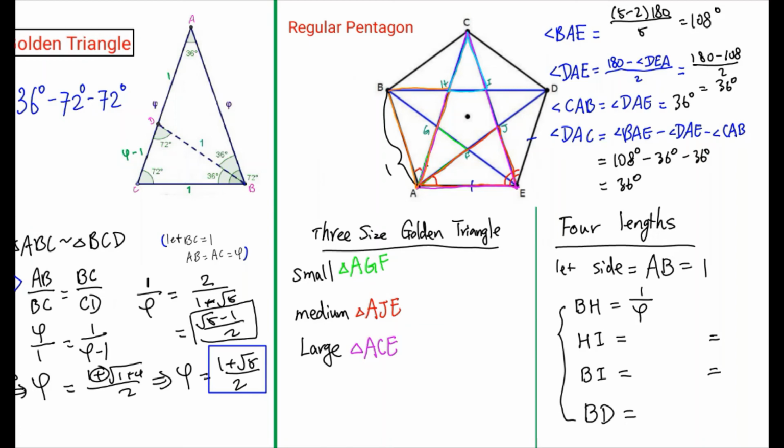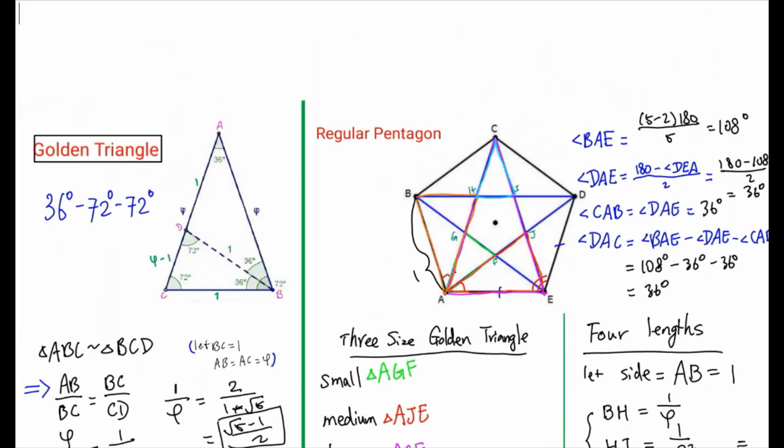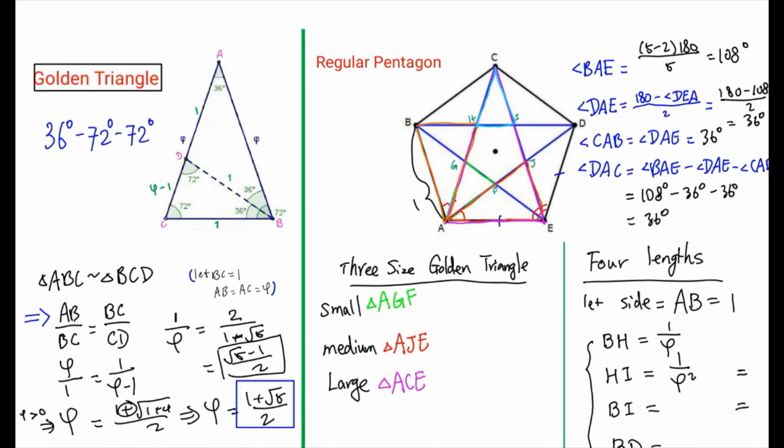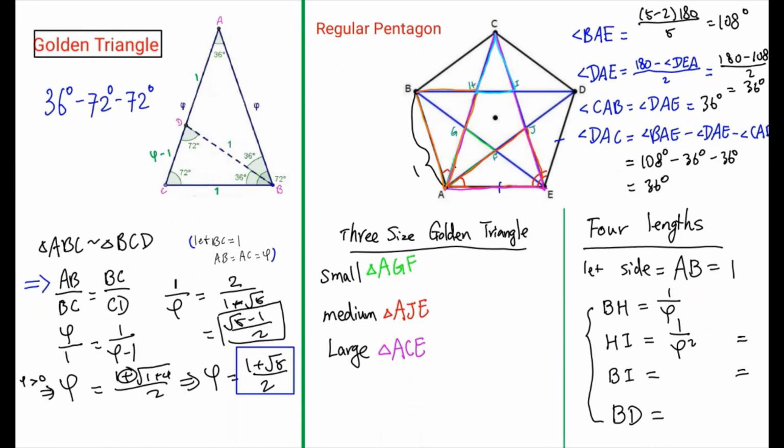So that means HI is equal to 1 divided by phi squared. Ignore the stray equal signs there.